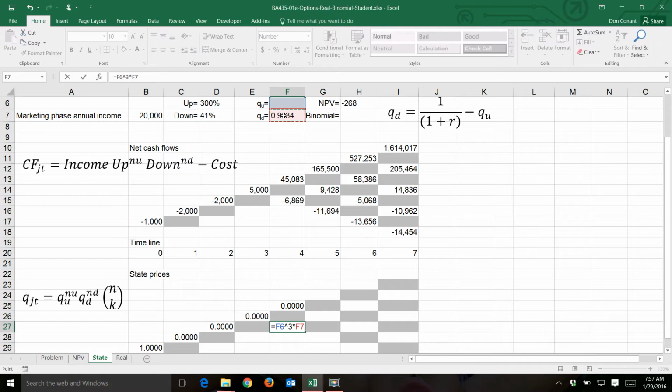And if you want, just to be clear in the notation, we can raise it to the first power. It's not necessary. Again, for clarity, we might do that. At this state, now we have had an up market for 5 periods. So equals up raised to the 5th.